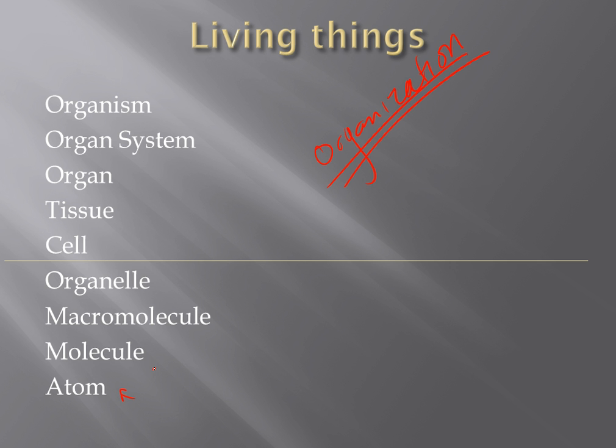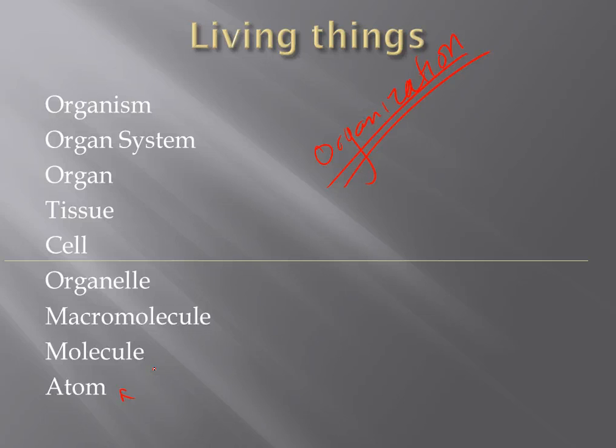A molecule is not alive for the same reason. So if I get a whole bunch of atoms working together in a compound, that one unit of that compound is called a molecule. If I make a really big molecule by putting together two little molecules, that's called a macromolecule, macro being literally for big.